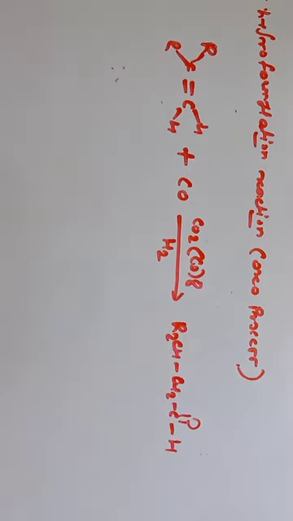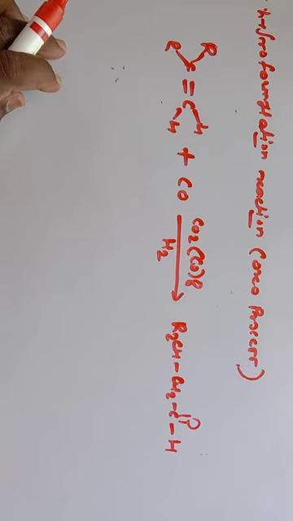So we get the conversion of alkenes to aldehyde by the oxo process, that is, by dicobalt octacarbonyl.